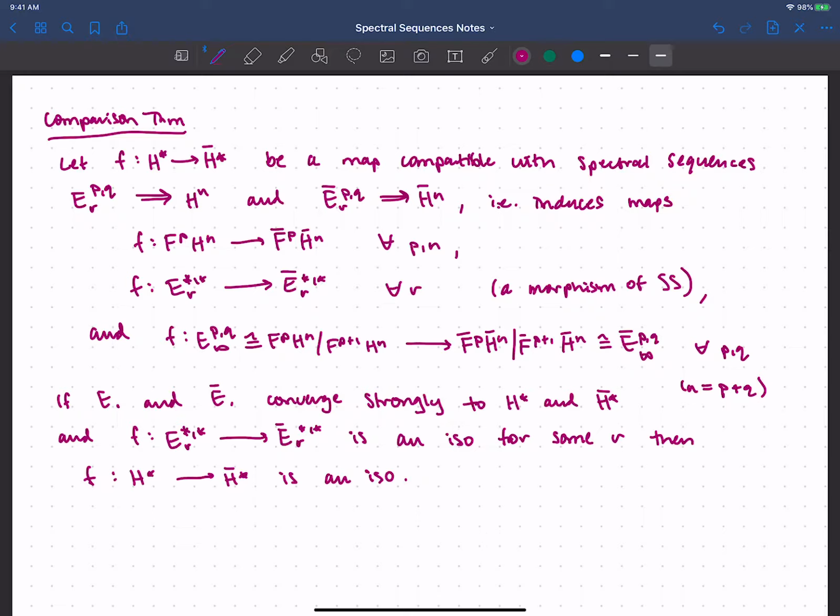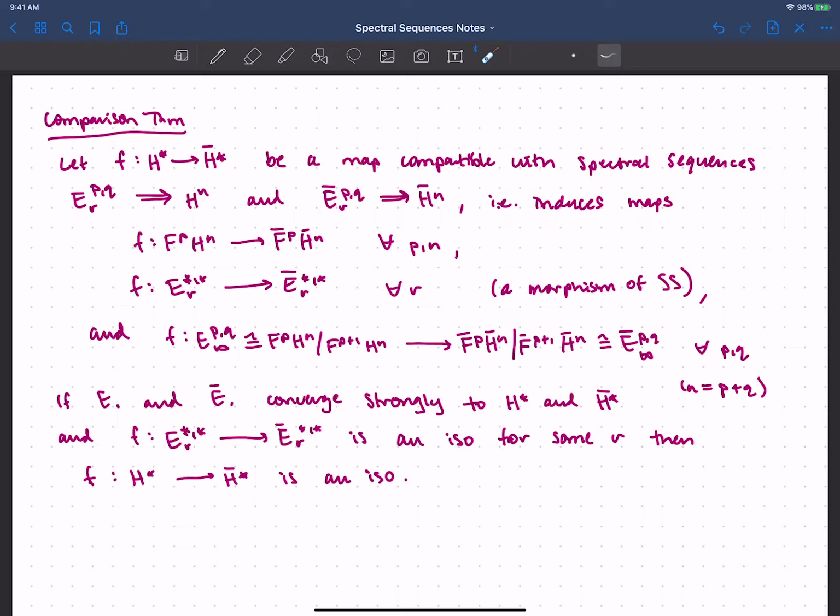Okay, so this all seems like a lot of, if this and if that and so on. But the point is that if I was looking at spectral sequences coming from spaces, and I had a map of spaces, that'd give me a map of spectral sequences, and it'd also give me a map on their cohomologies, and so on and so forth. And so a lot of this data sort of comes for free from just naturality.